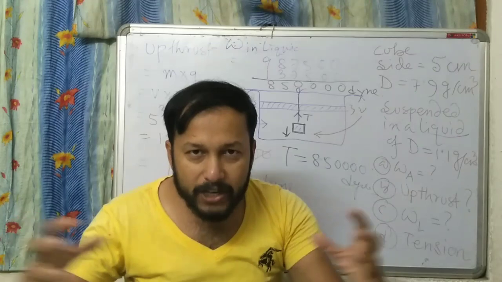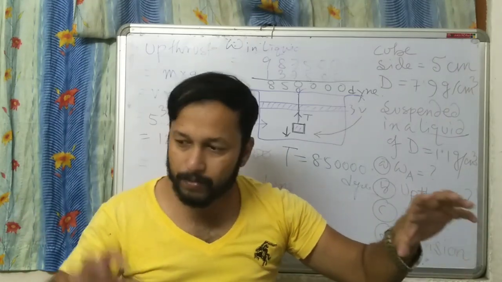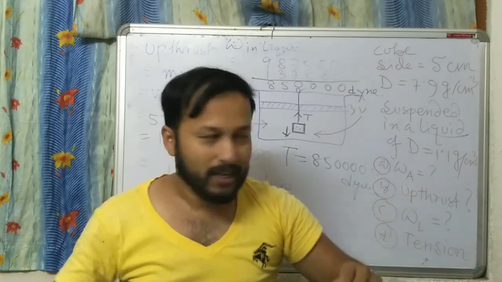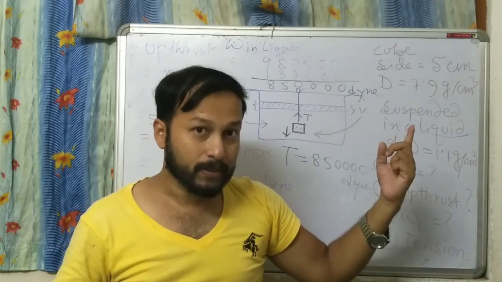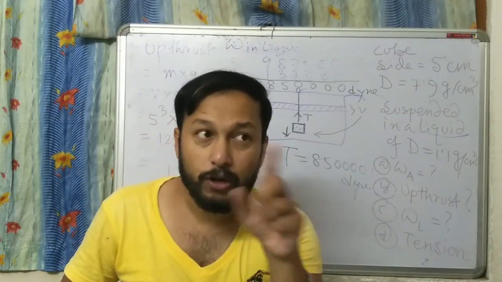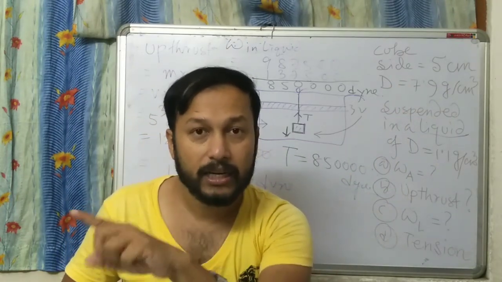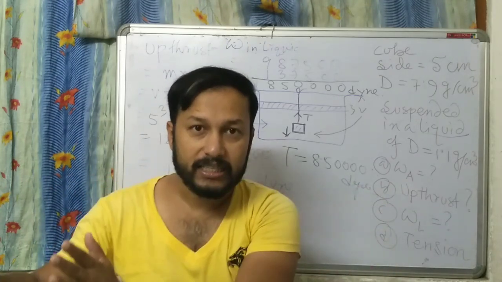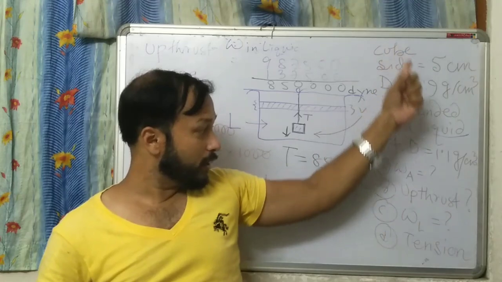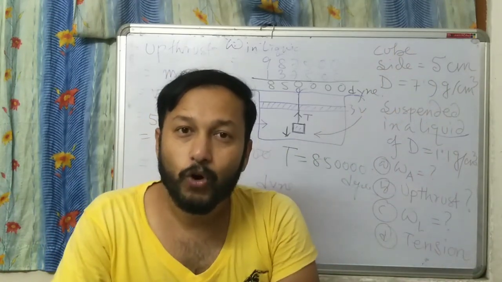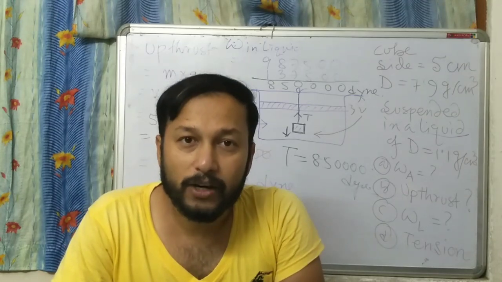If you see there is a mixture, like few are in CGS, few are in SI, then you need to convert them. In the second sum, before this sum, the volume was given in CGS, but other things were given in SI. So the volume we converted to SI system. But in this sum, all the things are given in CGS. That's why I have not changed it. So in this way, you have to calculate this.